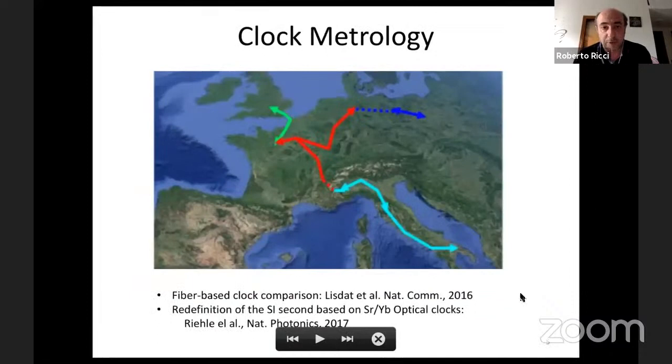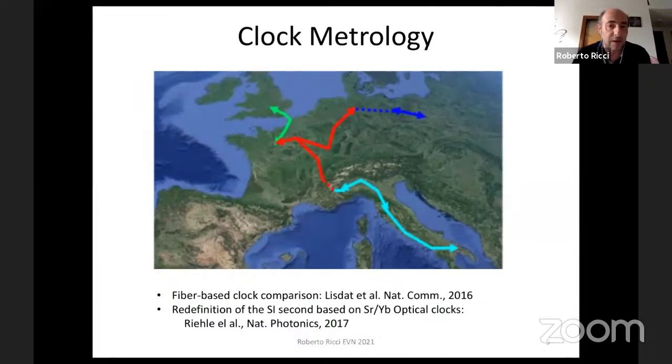And the third important point is clock metrology. It is possible to build, and is being built across Europe, a network of optical fiber links connecting the national metrological institutes in a way that optical clocks in these institutes can be compared effectively.